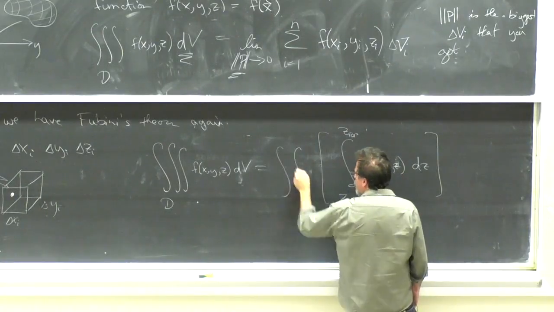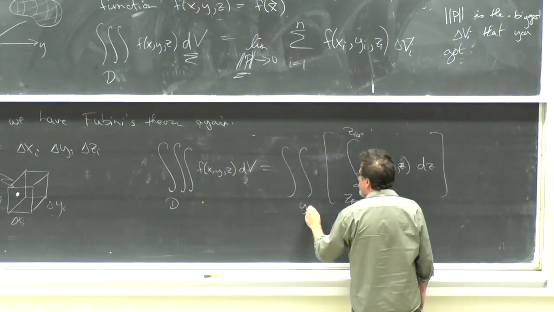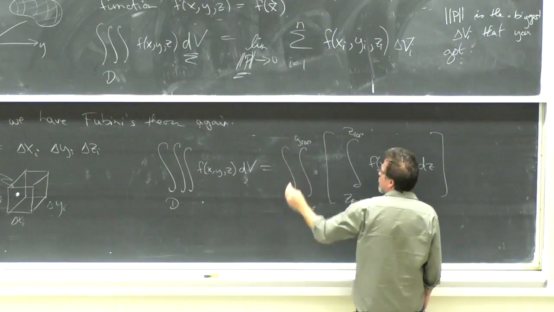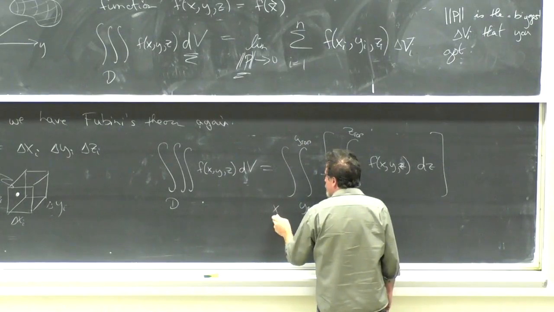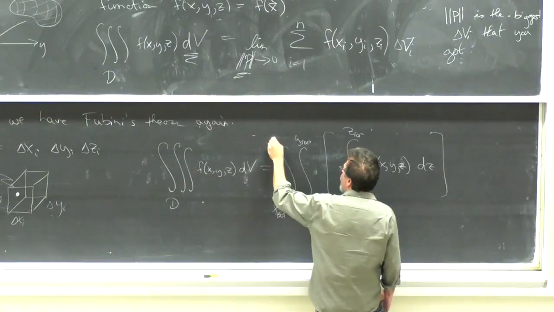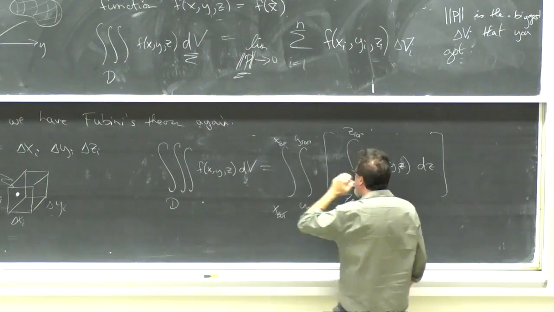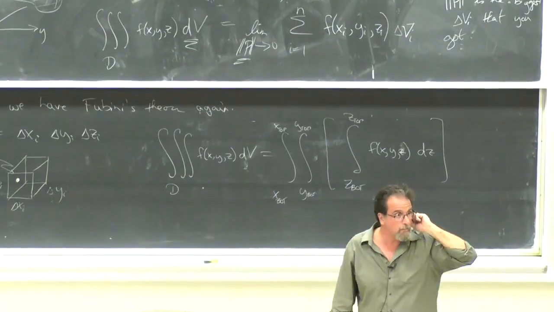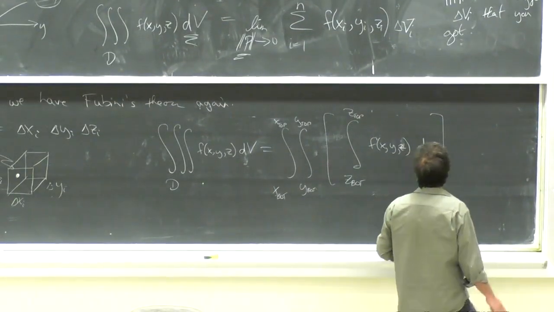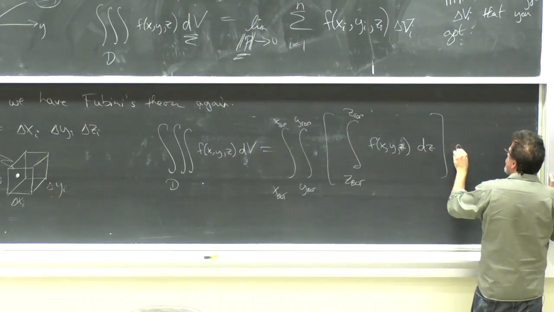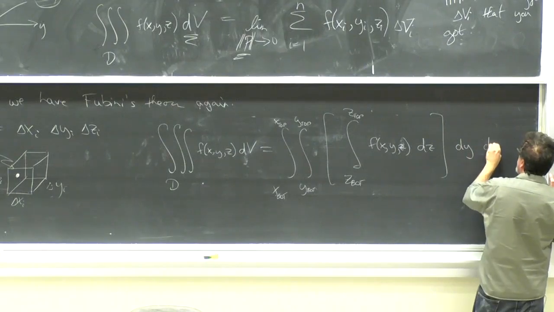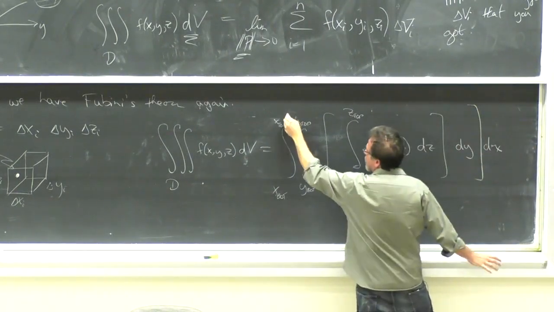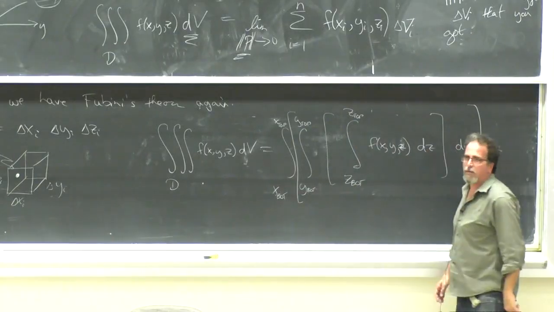Then we integrate from some y bottom to y top, and then from some x bottom to x top. I'm using bottom and top because the bottommost value to the topmost value is what we mean. And this is going to be dz, dy, dx. This is the statement of Fubini's theorem in 3 dimensions.